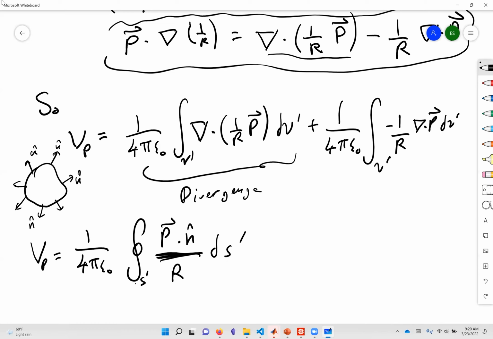Essentially, instead of writing dS prime as a vector, I took n hat out to represent the direction of the boundary. And then the R is just scaled by R. So that's where R comes from. Okay. Plus the second one is the same. I can't do anything with it really. Minus.